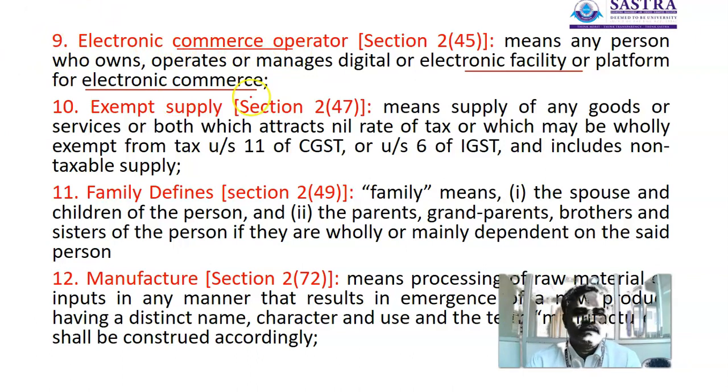Exempt supply, Section 2(47), means a supply of any goods or services or both which attract nil rate of tax. This is very important. Nil tax: whenever you supply this type of goods, you need not pay any tax to the government.